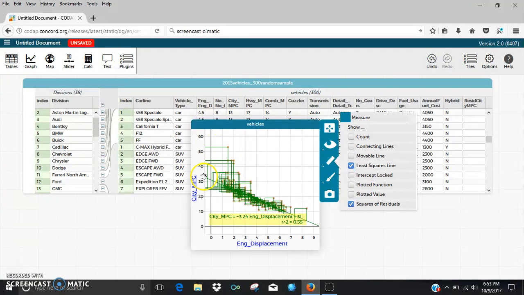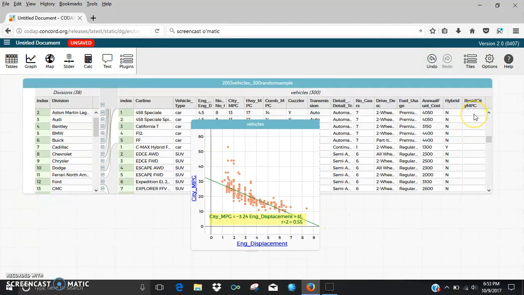These large squares represent the places where our equation did not do such a good job predicting city MPG. When one calculates a least squares line, we're trying to minimize the sum of all these squares.